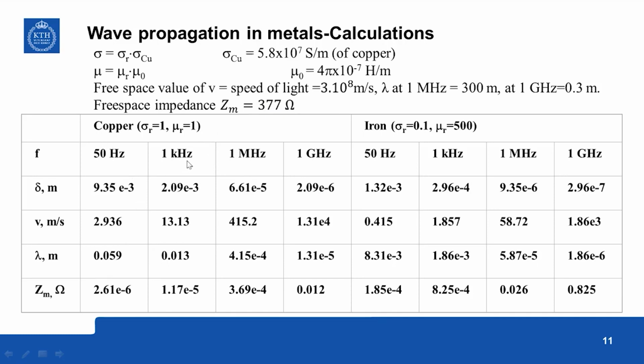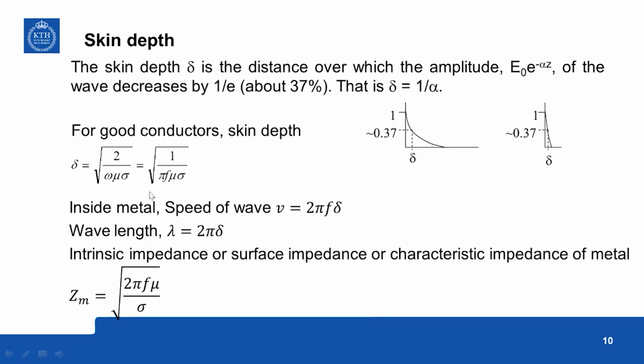Now, as the frequency is increasing, we have seen over here what happened to skin depth. Skin depth should be decreasing. The impedance is increasing when the velocity is increasing and the wavelength is decreasing.